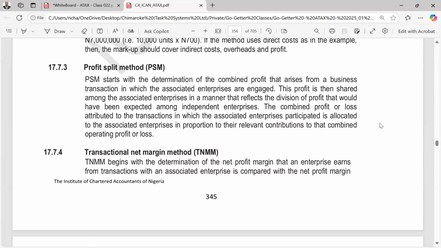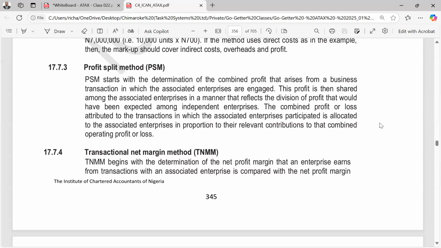So let's say you decide to do a combined business, just one business, and you made a profit. Now, the profit is going to be split on an appropriate base. Let's say it is customary to share the profits based on capital supplied.